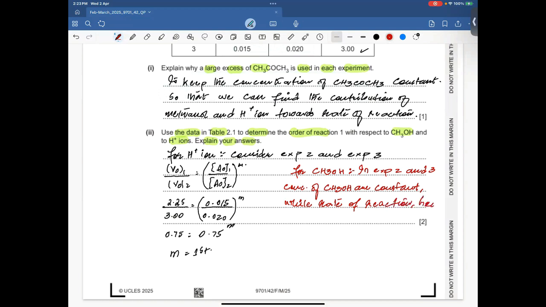Hence, the rate is independent of the concentration of methanol. Thus, it is zero order.